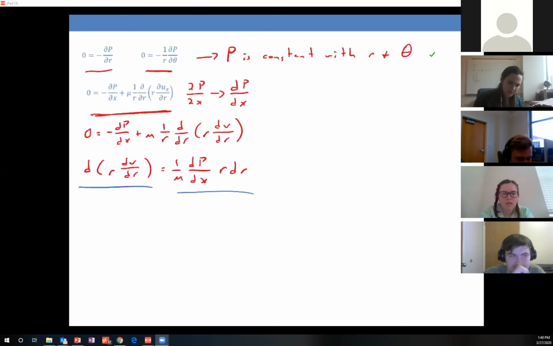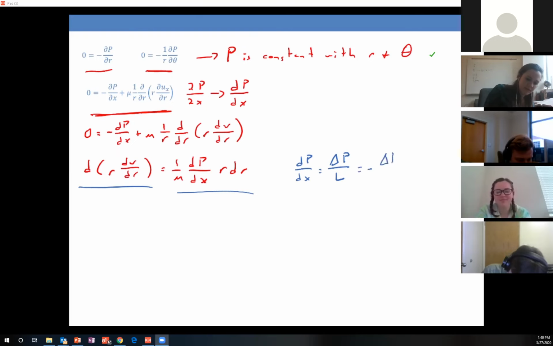If it's more comfortable, let's say dp dx is equal to delta p over L, right? Or we could even say negative delta p loss over L, like that. Because remember, there's a pressure drop, and we usually just call that delta p L and use it as a positive number. So you could just use negative delta p L over there. We could just use that instead.